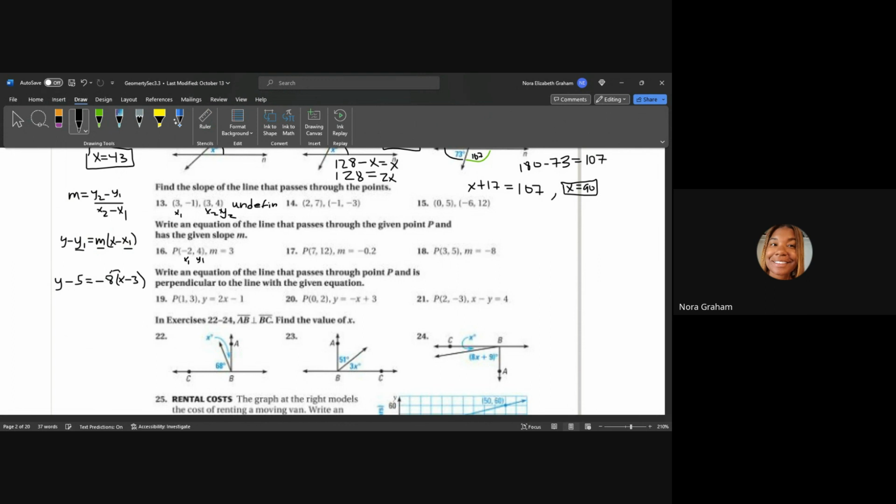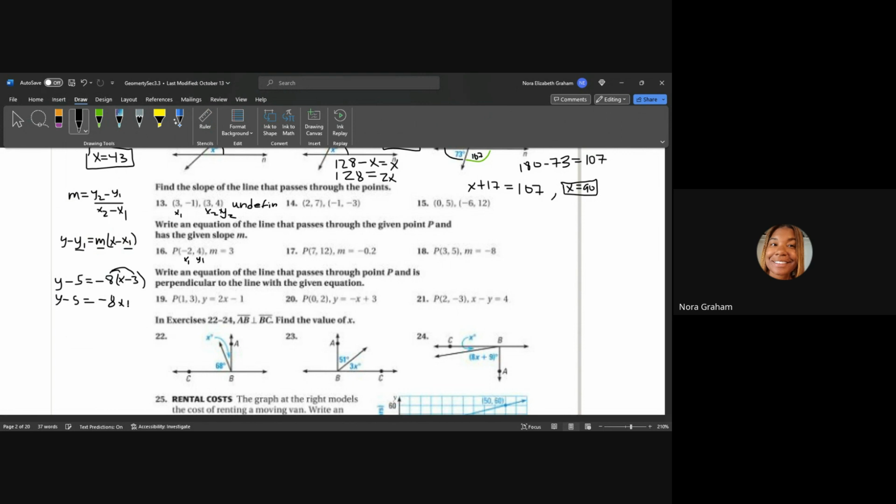I want to isolate for my y, so I have y minus 5 equals negative 8, oops, my pen keeps on messing up a little bit, sorry, times x minus 3.